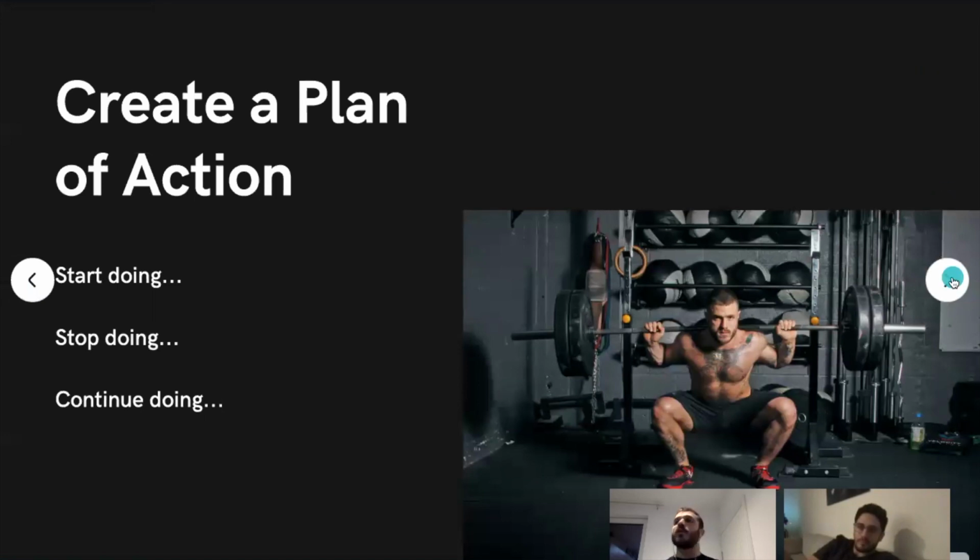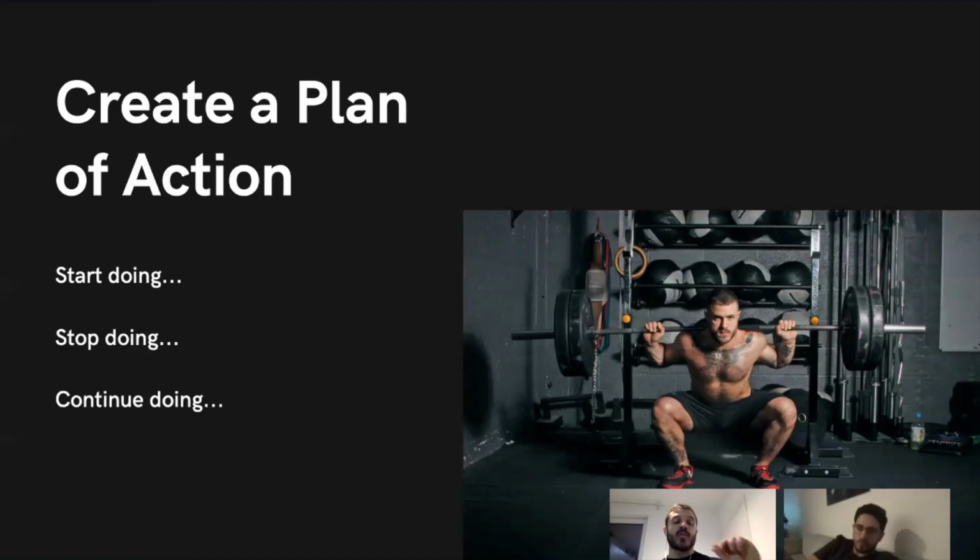So after we got the goal that we write down using the SMART principle, we need to create a plan of action. This is even more important than the actual goal, in my opinion. So I like to do this.